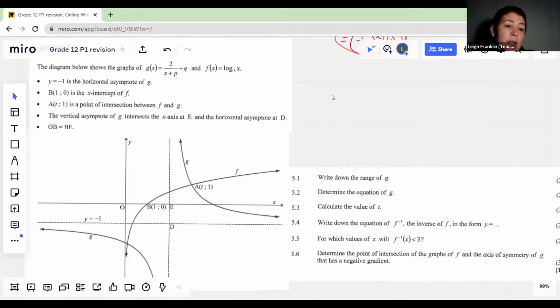So y equals -1 is the horizontal asymptote, b, which has the coordinates 1 and 0, is the x-intercept of f, a with coordinates t for x, and 1 is a point of intersection between f and g. The vertical asymptote of g intersects the x-axis at E and the horizontal asymptote at D. And the other bit of important information that they give us is that OB equals OE.